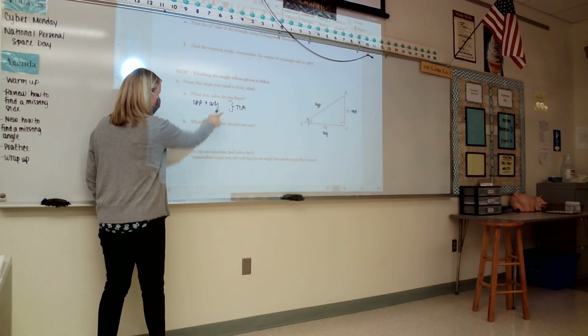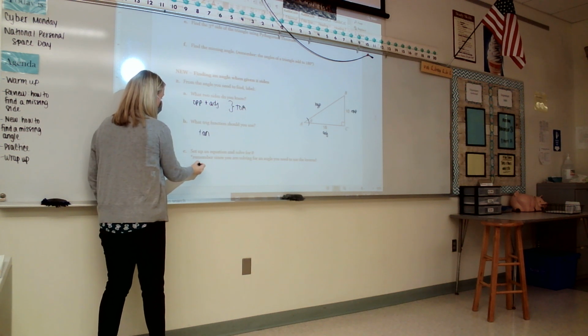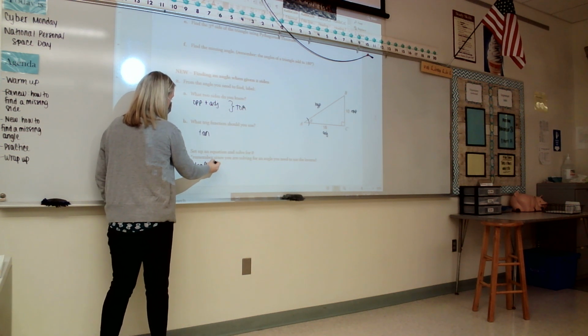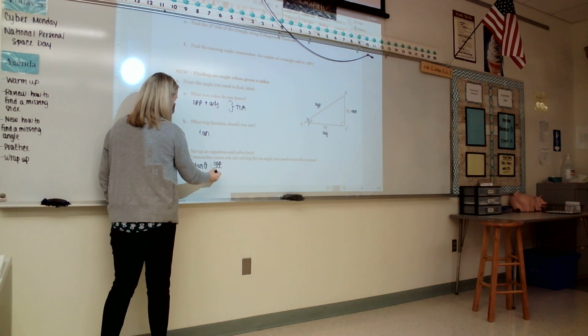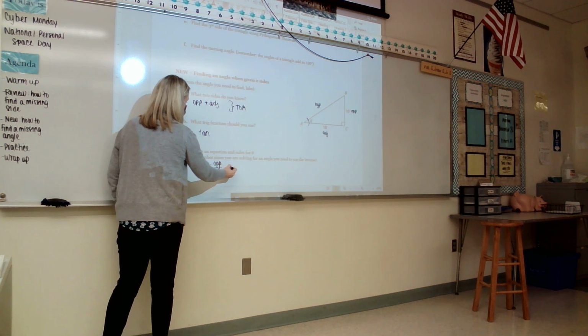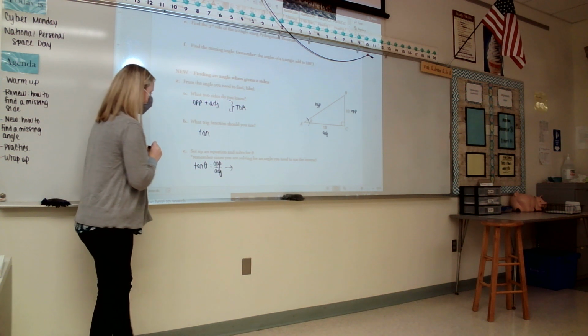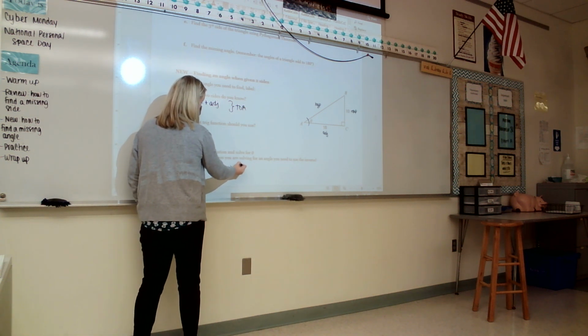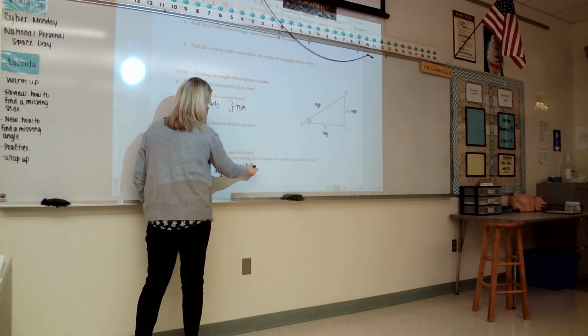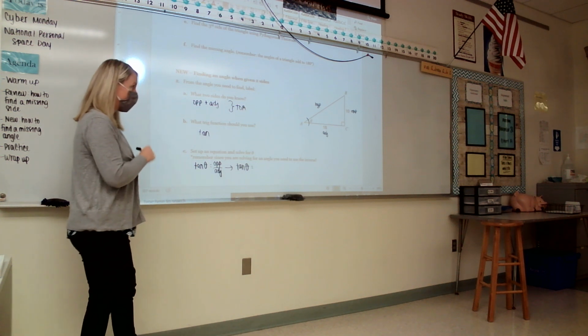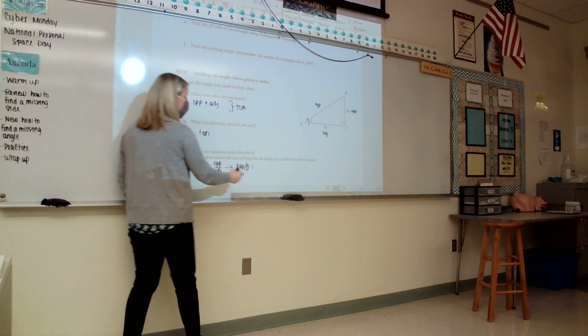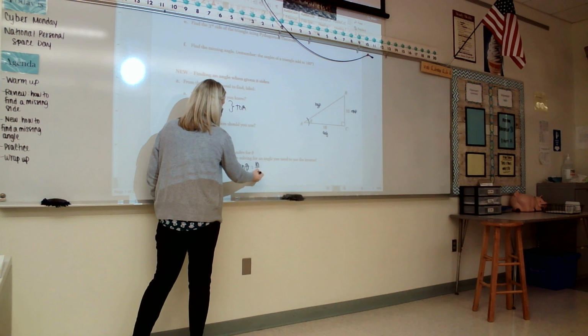We said that anytime we were talking about TOA, we would write tangent of theta equals opposite over adjacent. Now let's plug in what we know. You just write tangent of theta because you don't know what the angle is. Equals, everything's labeled, so I can see it would be 10 over 16.